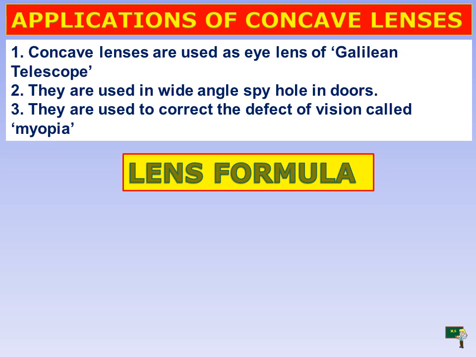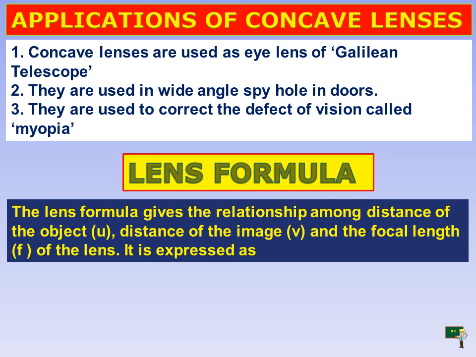Now we are moving into an important formula, the lens formula. Like spherical mirrors, we have a lens formula for spherical lenses. The lens formula gives the relation among the distance of the object, u, the distance of the image, v, and the focal length f of the lens.